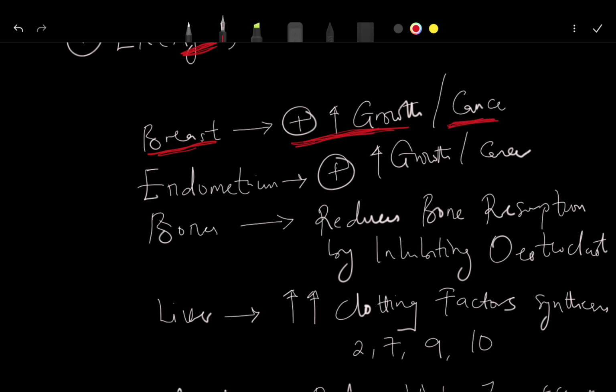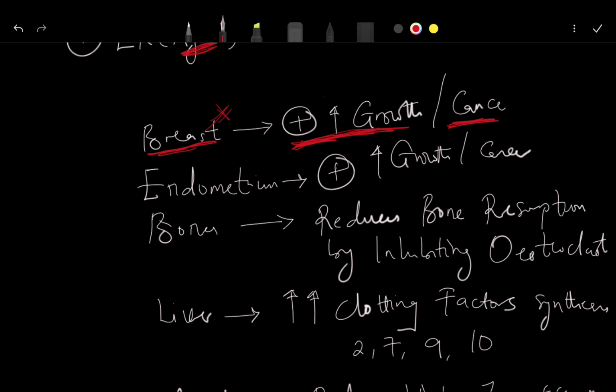So if you want to produce a particular drug, you will not want to stimulate this receptor, because the risk of cancer will be there. You understand? So when we proceed, you will get to understand why tamoxifen will antagonize this particular breast receptor, because we don't want excessive growth.